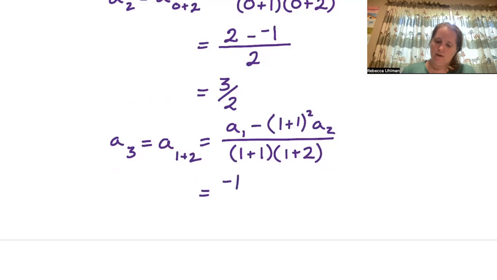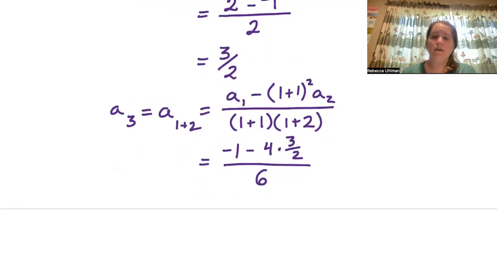A1 is -1. Then we are subtracting from that 4 times 3/2 divided by, that's 2 times 3, or 6. So this is -1 minus 6 is -7/6.